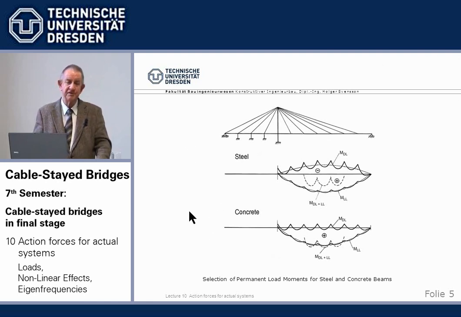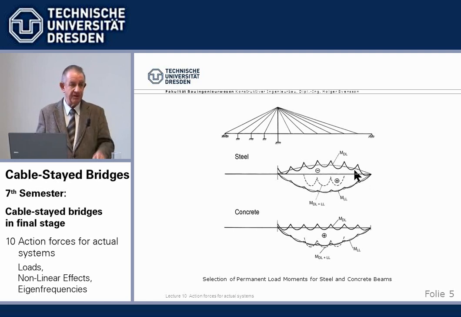Now, what moments do we want to achieve when we apply the cable shortenings? I mentioned already, for the concrete beam, we know we want these qL squared over 12. It's as simple as that, a rigidly supported beam. And for a steel beam, we choose something for a minimum of material.